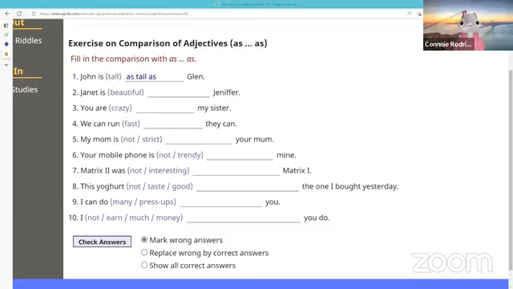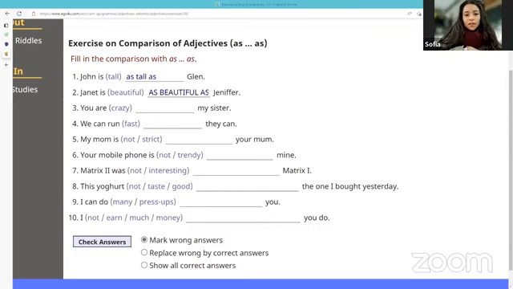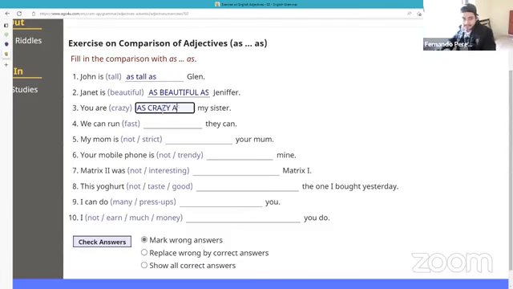Janet is as beautiful as Jennifer. Excellent. As beautiful. Very good. Sophie, number 3. You are as crazy as my sister. Exactly. Very good. Connie.